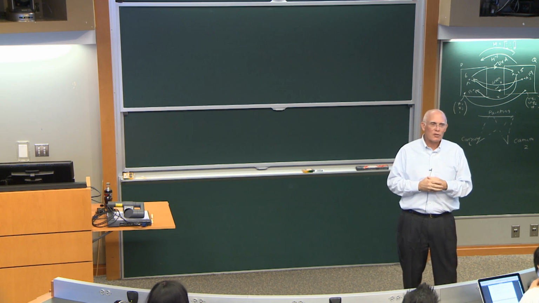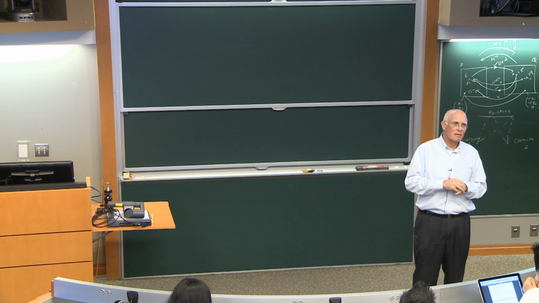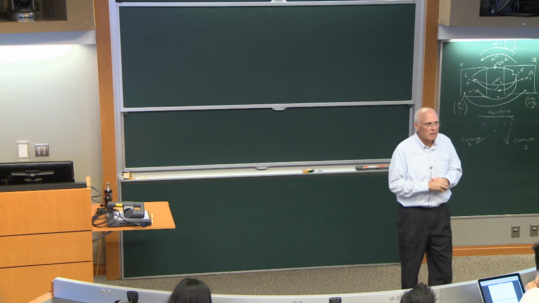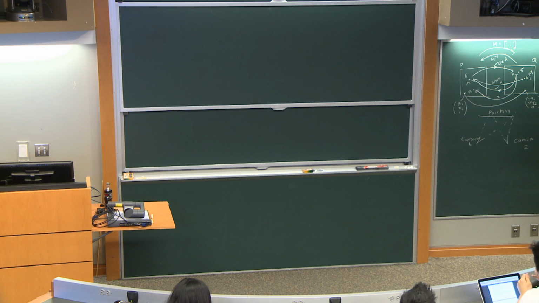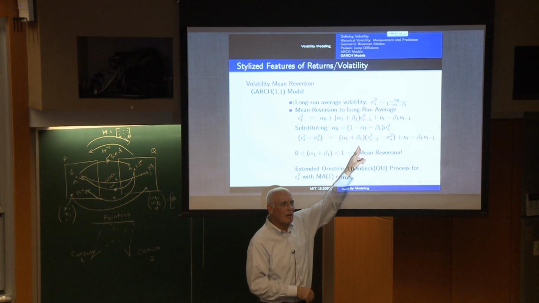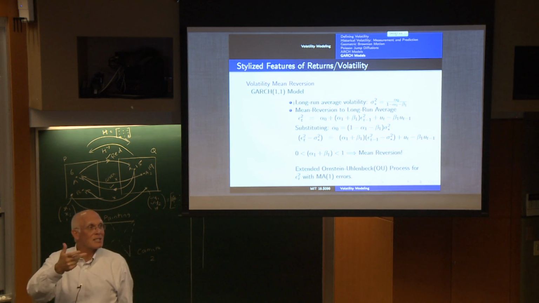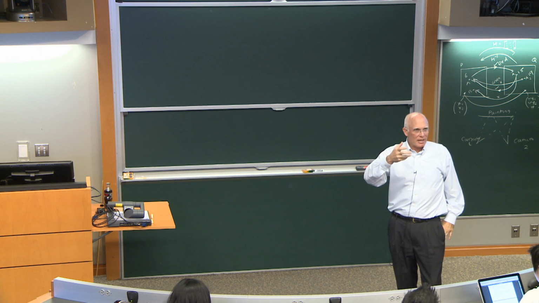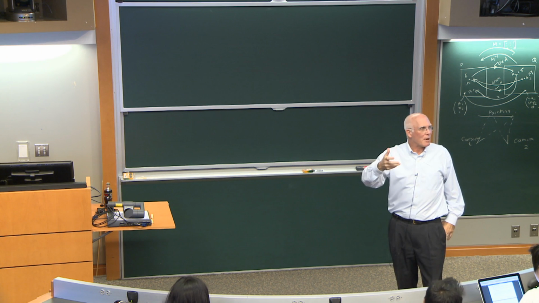In terms of their usefulness for prediction, they really predict that volatility is going to revert back to the mean at some rate. And the rate at which the volatility reverts back is given by alpha 1 plus beta 1.